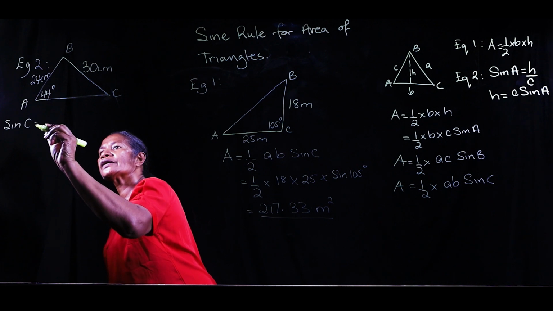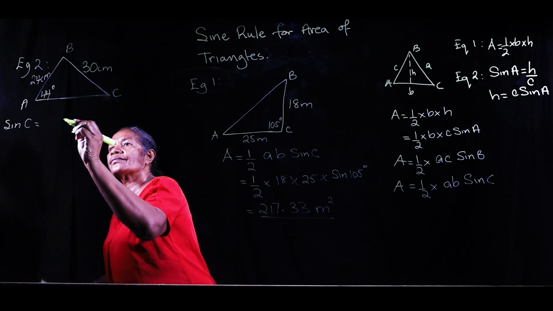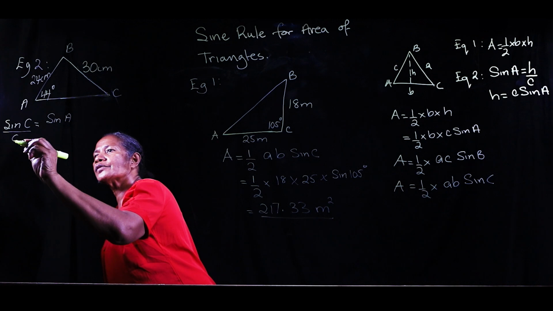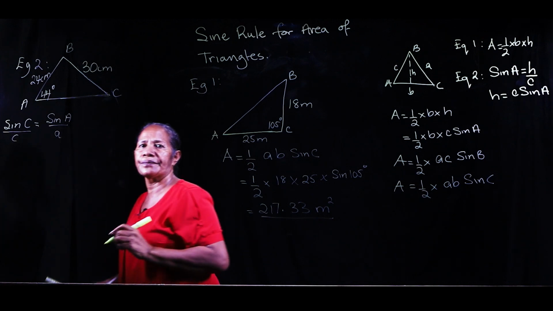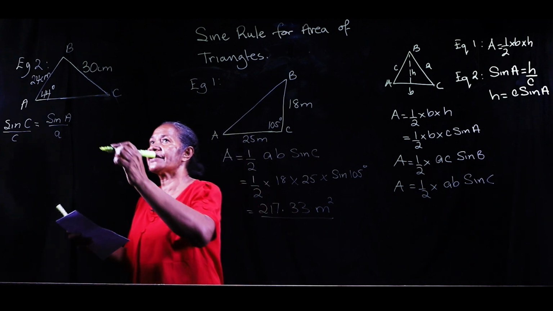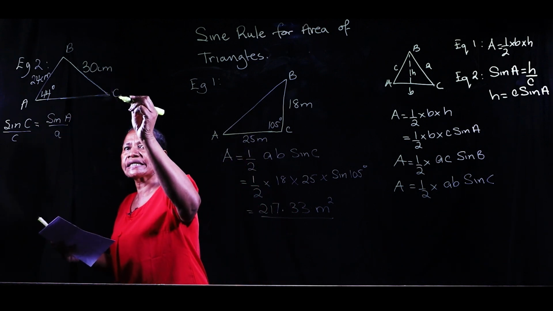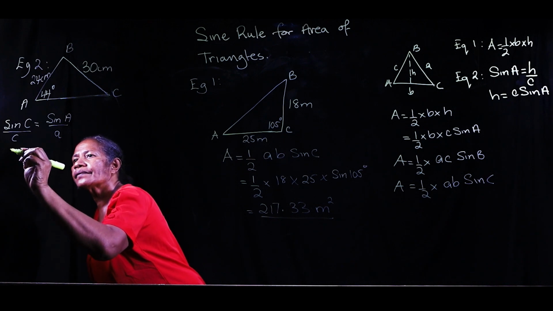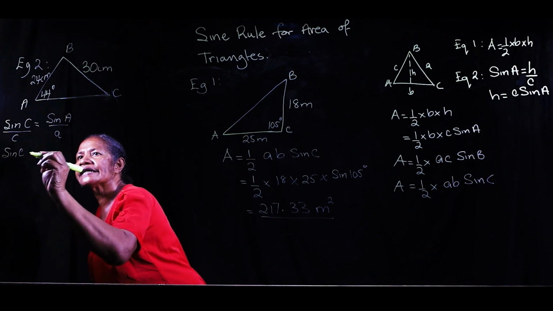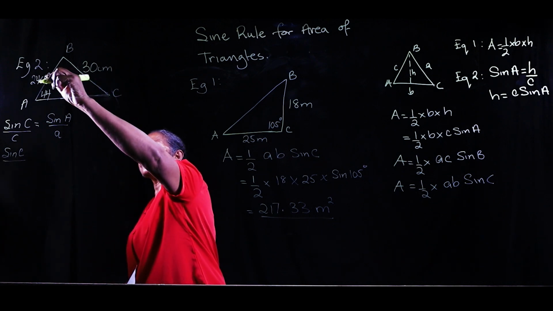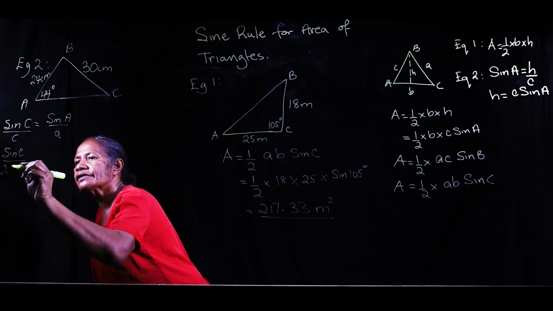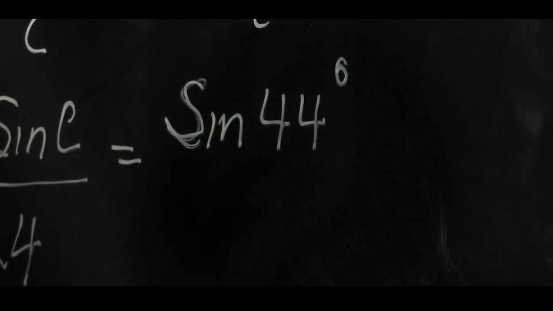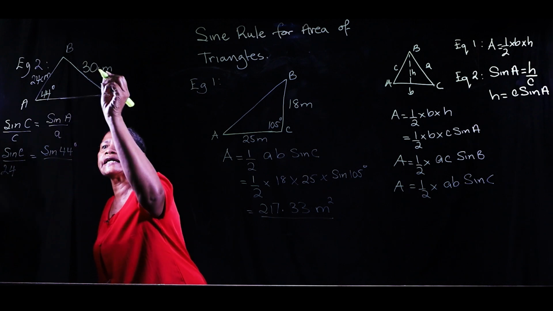So we have sine C over small c equals sine A over small a. We fill in the information: sine C is missing, side c is 24, so sine C over 24 equals sine 44 degrees over 30, since side a is 30.